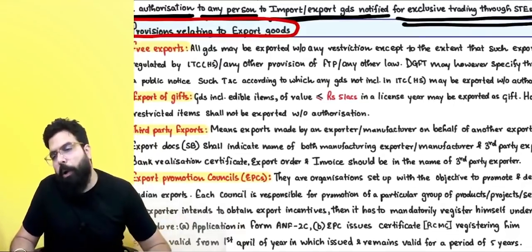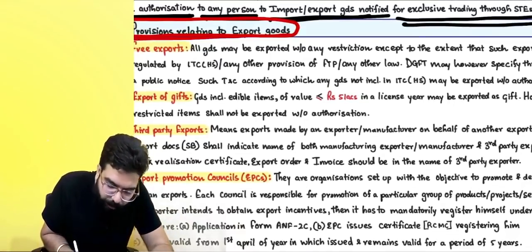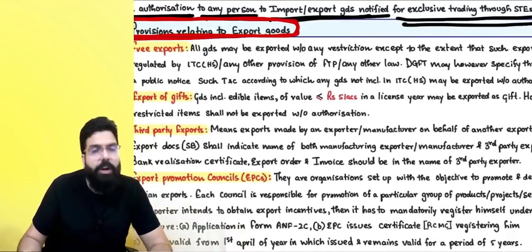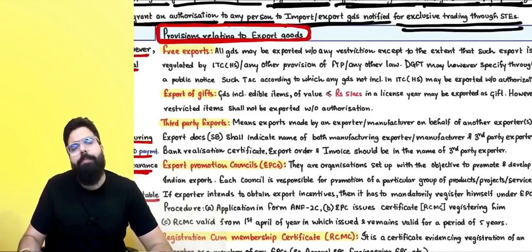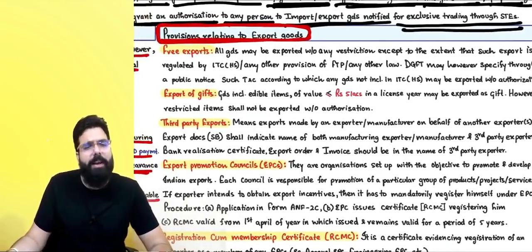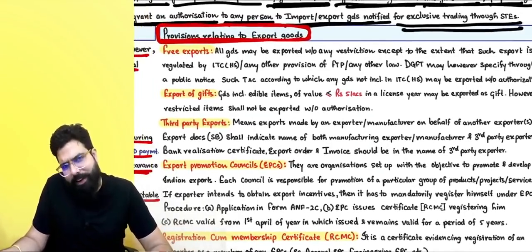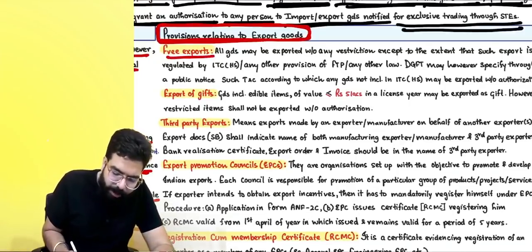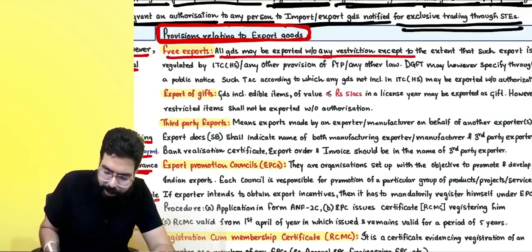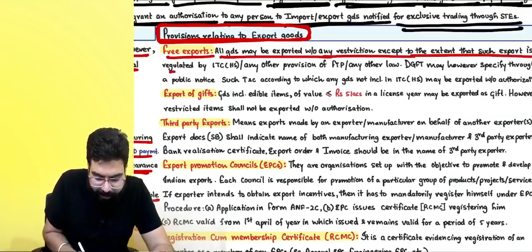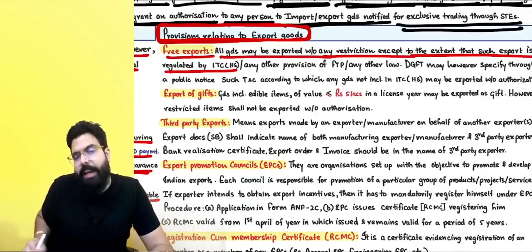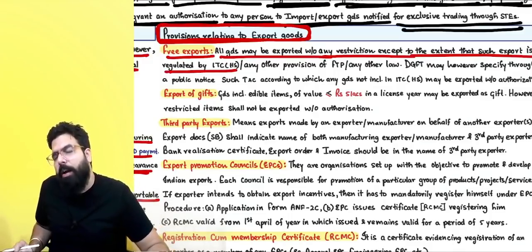Now, there are some provisions relating to export goods. Free export. Sir, all the goods may be exported freely. But there are some goods which might be regulated, for which restriction is there. So, sir, free export: all goods may be exported without any restriction except to the extent that such export is regulated by ITC HS, Indian Trade Classification.